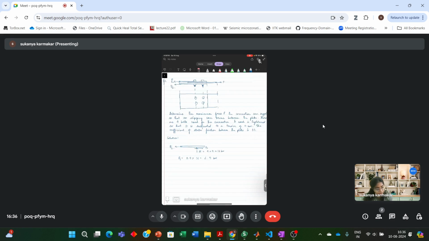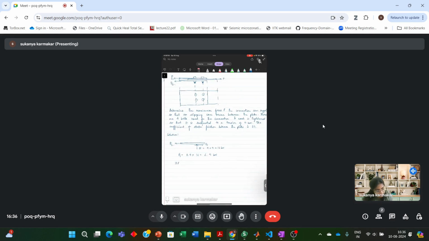And then if I write the equilibrium equation, summation of Fx is equal to 0, then P by 2 is equal to Fx. That is P is equal to 2 into 6.4, which is 12.8 kilonewton.